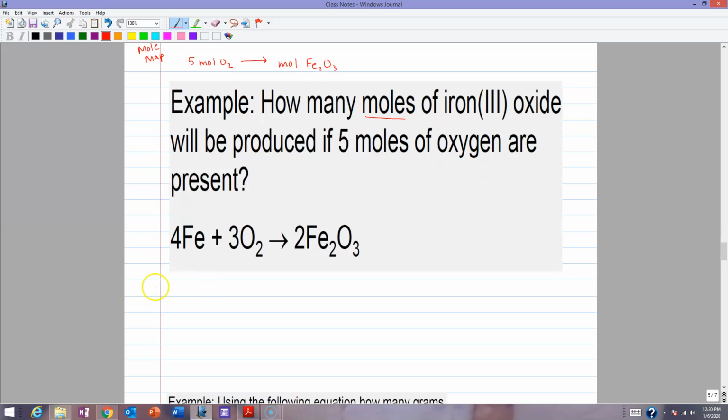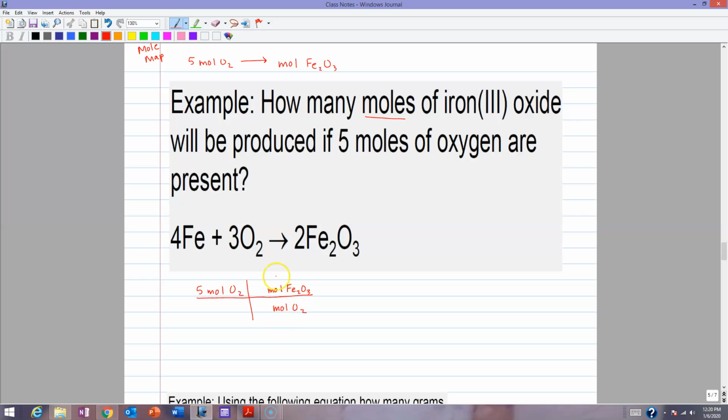So for this one, I would just take my given, 5 moles of O2. I'm going to carry down my unit, moles of O2, and I'm going to carry up moles of Fe2O3, iron 3 oxide.